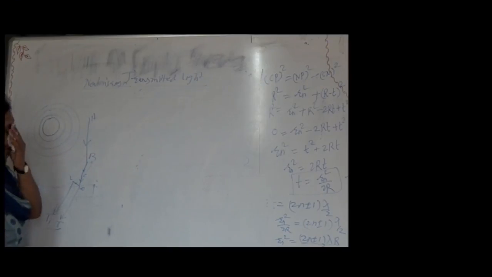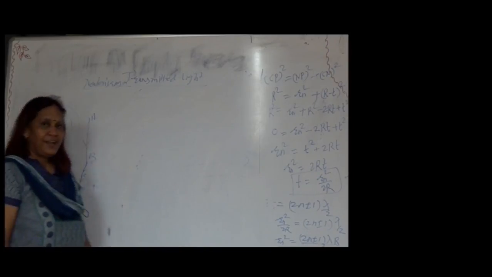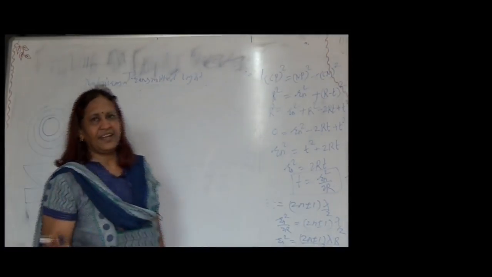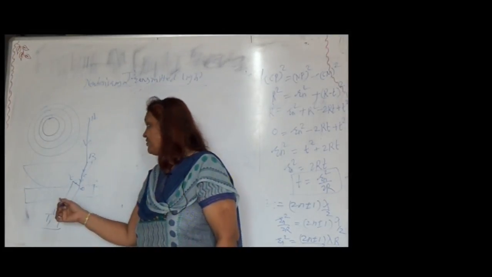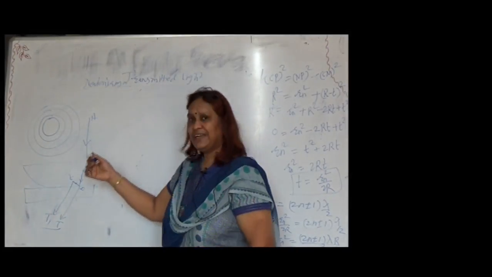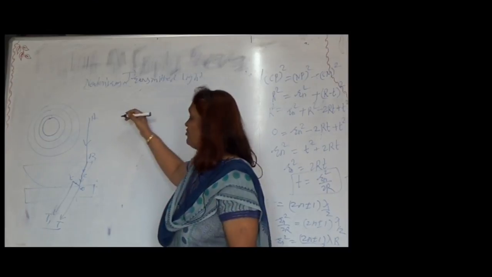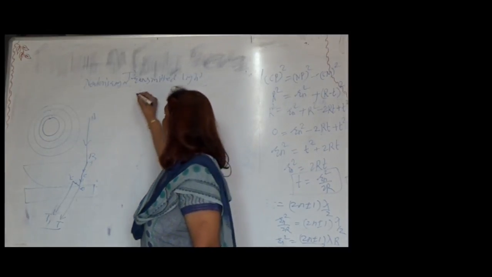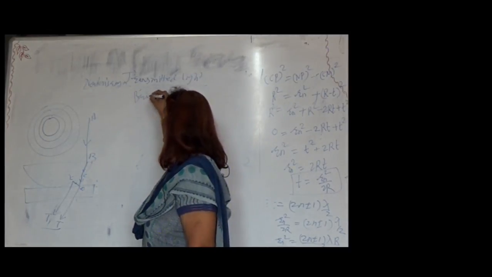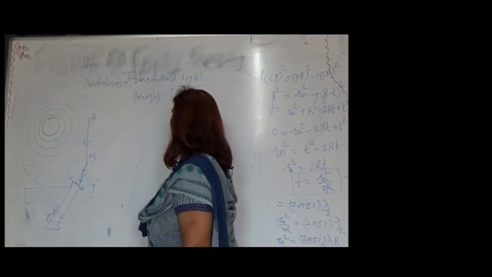In transmitted light we get the center spot as bright, and in the case of reflected light we get the center spot as dark. Now, in exactly the same way we will find the conditions for the bright fringes as well as the dark fringes.